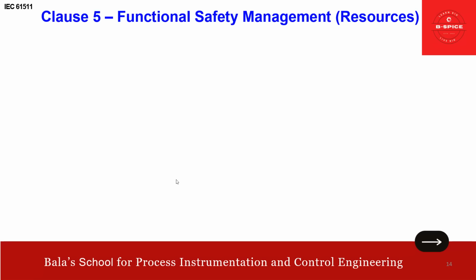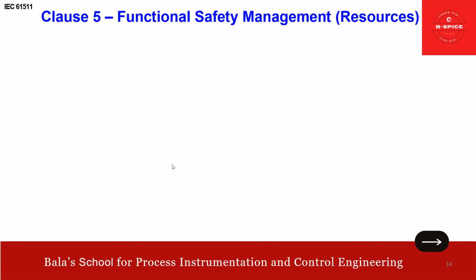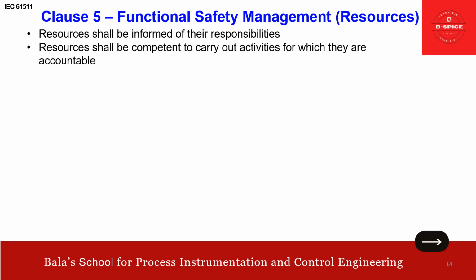Here we talk about functional safety management. It is more about life cycle, technicalities, and competency. On functional safety management resources: resources shall be informed of their responsibilities. Resources shall be competent to carry out the activities for which they are accountable.